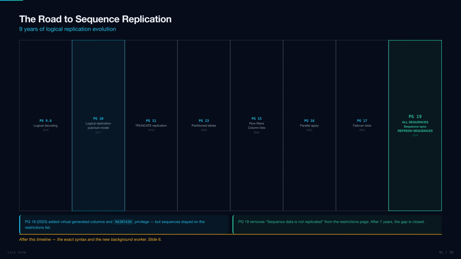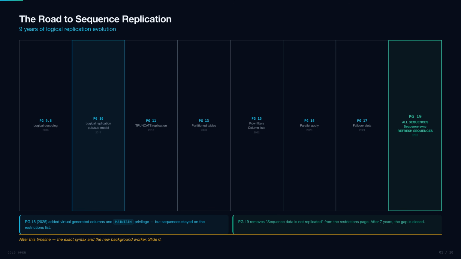Let me put this in context. PostgreSQL 9.6 in 2016 introduced logical decoding, the foundation. PG 10 in 2017 added logical replication with the pub/sub model. PG 11 added truncate replication. PG 13 added partition table support. PG 15 added row filters and column lists.